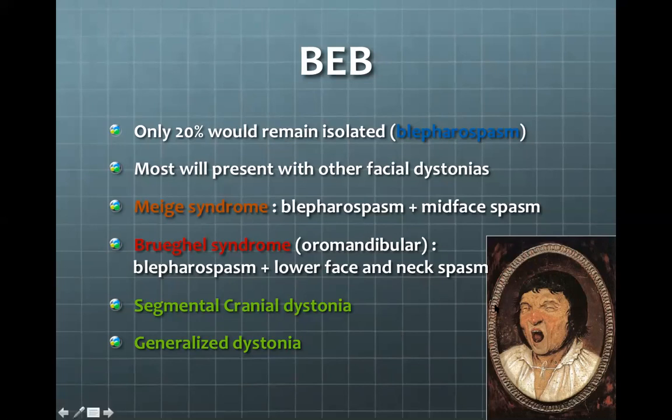It was not until the 19th century that it was first described in the medical literature. And at that time, they used to injure the facial nerve in order to stop the blepharospasm.